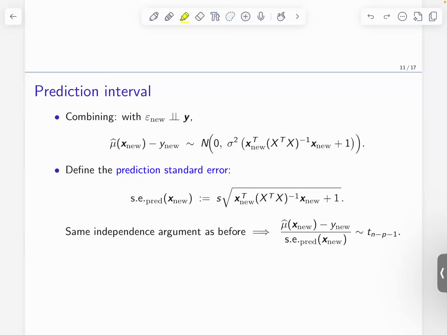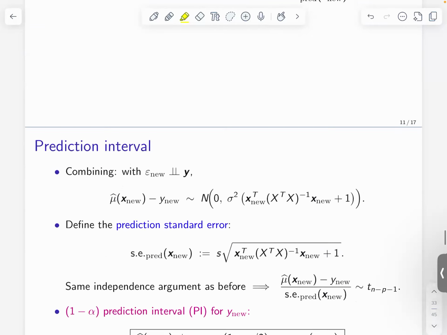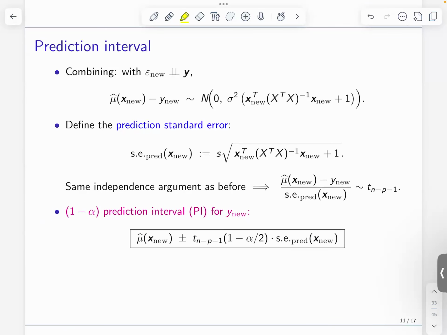We're just trying to build a confidence interval for y nu, but it is placed exactly where we used to place the unknown parameter. So you do the exact same arguments, and you end up with this confidence interval: the center, plus or minus gamma times this standard error. That would be the prediction interval.